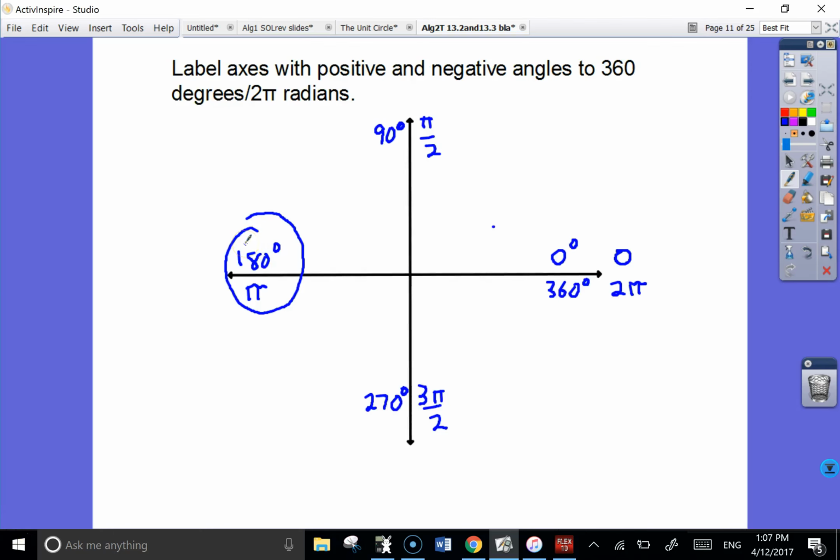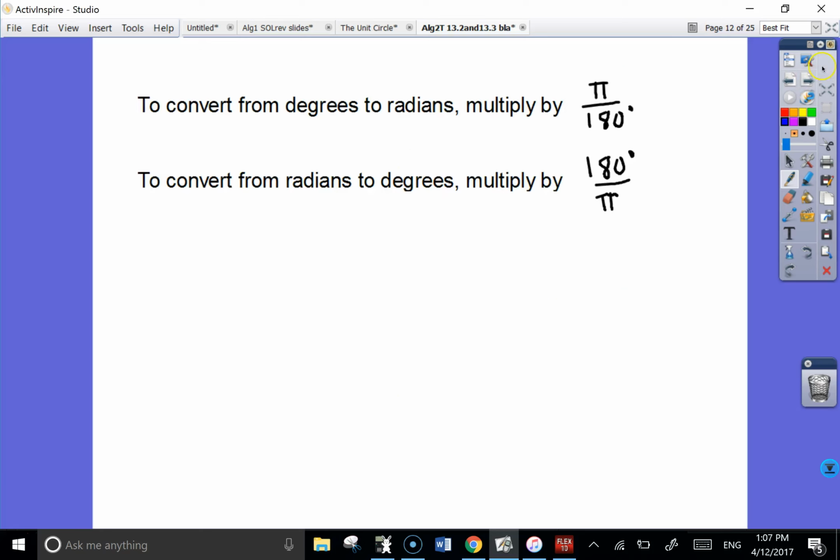Okay, so we're going to use 180 degrees equals pi radians. If you want to go from degrees to radians, multiply by pi divided by 180. If you want to go from radians to degrees, multiply by 180 divided by pi.